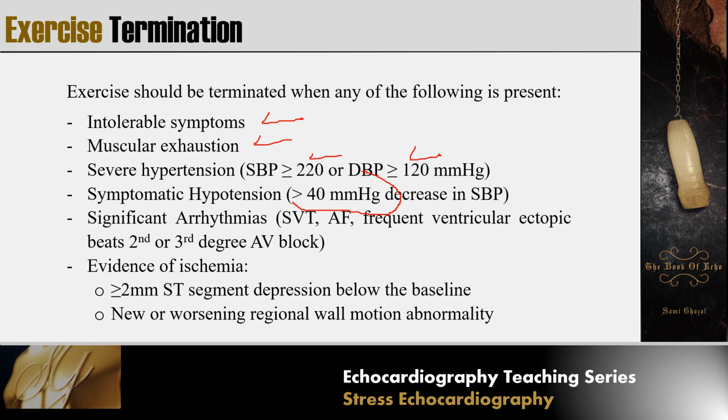Or if there is significant evidence of ischemia, either 2 millimeter or more of ST segment depression below the baseline, or you already found your answer and there is a new or worsening regional wall motion abnormality.